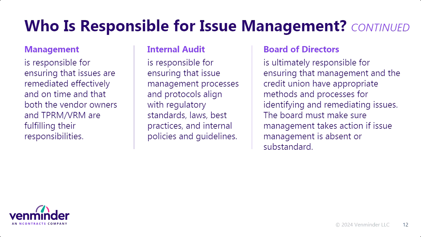This is the group that is your kind of oversight who still needs to be aware and have some responsibility for issue management. So again, management, they're responsible for making sure that the owners are fulfilling their responsibility, the vendor owners and the third-party risk management team that we just mentioned a moment ago. So management makes sure they're doing their job.